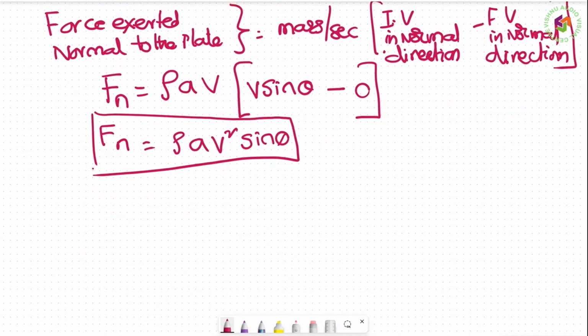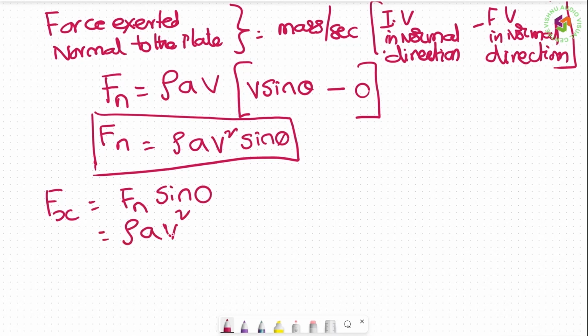Once you have that, as I mentioned already, Fx is equal to Fn sin theta, which is equal to rho A V square sin theta into sin theta, so rho A V square sin square theta.